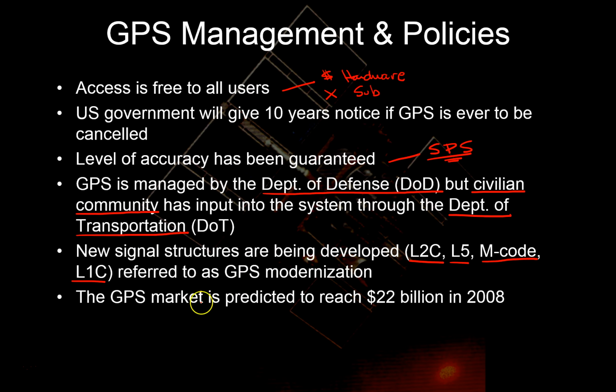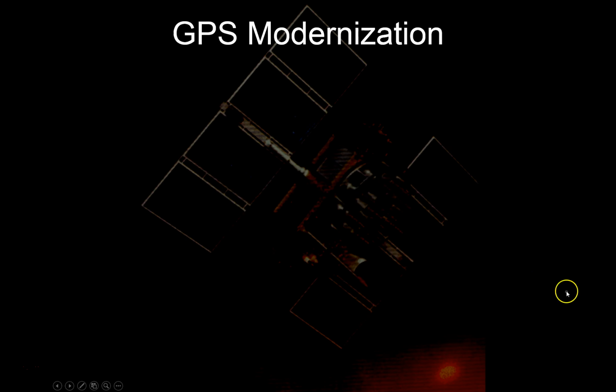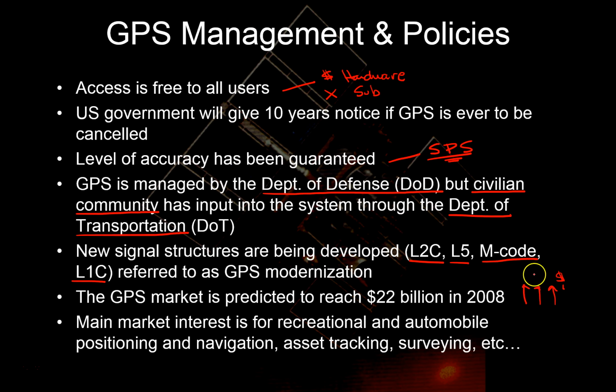So the GPS market, which is just the civilian market for applications of GPS, like your cell phone, or car navigation, or all these other applications, is predicted to have reached about 22 billion. I've read estimates where this number just continues to increase. I think I've heard latest estimates of over $40 billion for the GPS market.